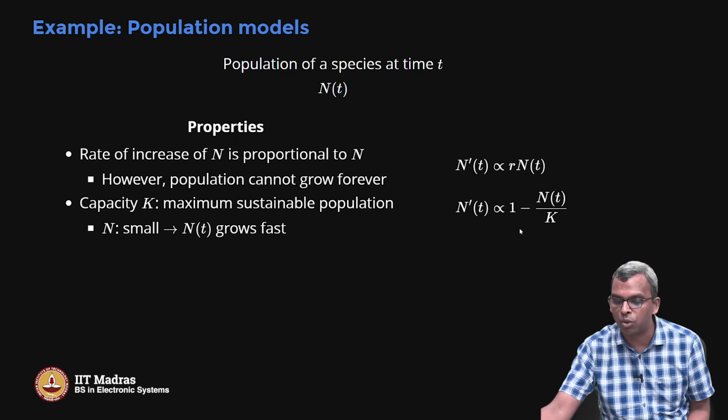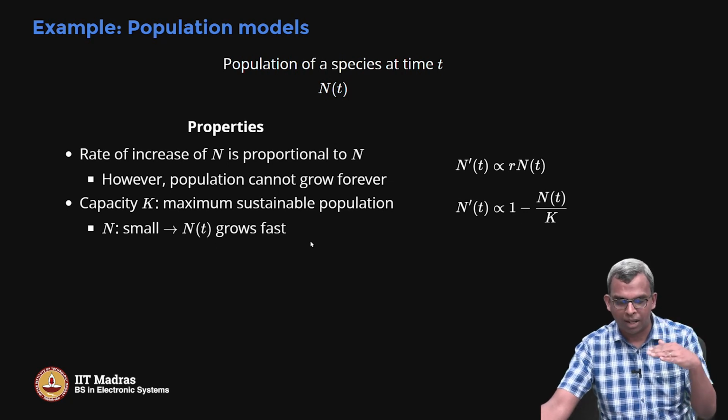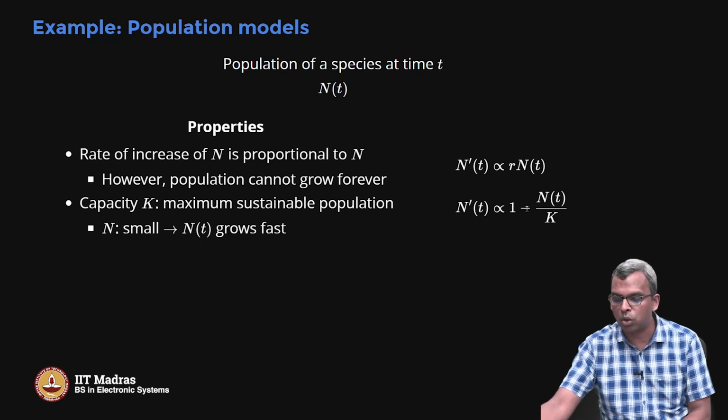N prime of t is just proportional to 1, dominated by this term. So if n is small, n of t grows very fast. And as n increases, gets closer and closer to K, for instance if n of t is equal to K, this is going to become 0, and then the growth rate simply stops. When it goes closer to capacity, the growth rate reduces lower and lower, and if in fact n of t is greater than K, then the growth rate could go negative.